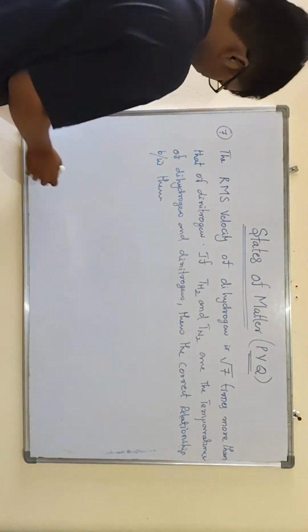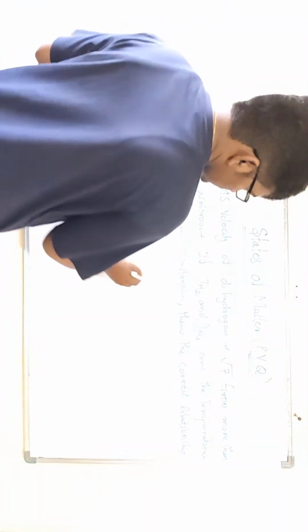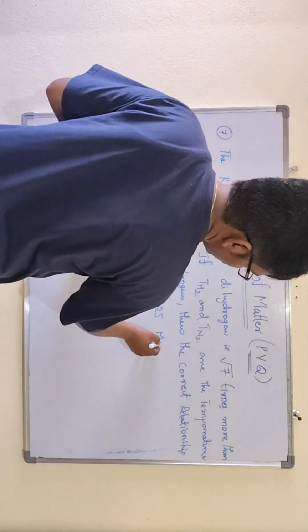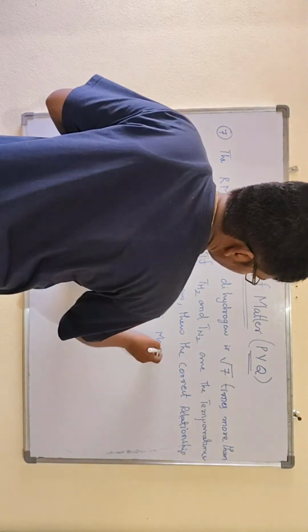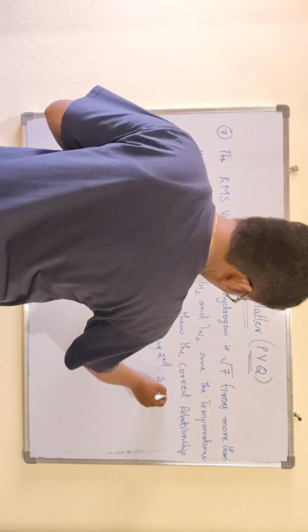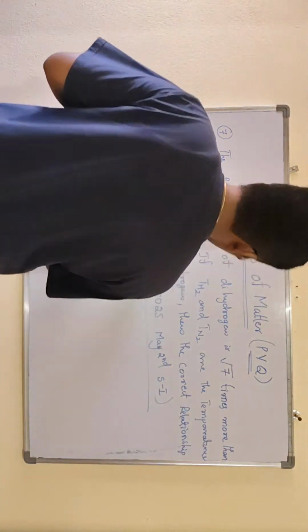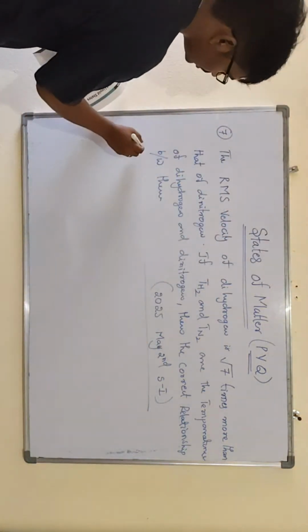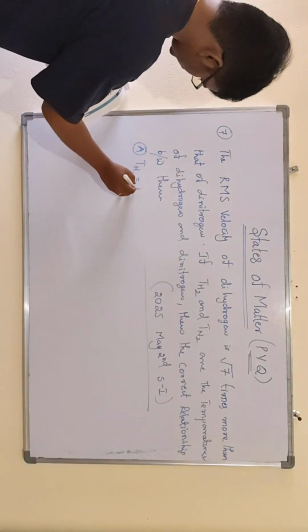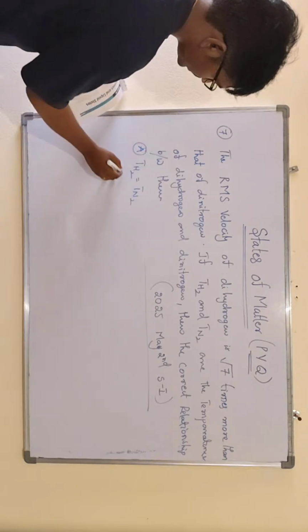This is the question given. It was asked in 2025 May 2nd shift 1. So the options are given like this. Option A, TH2 equals TN2.